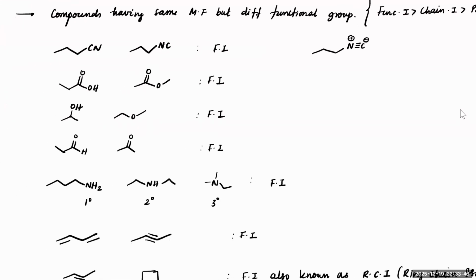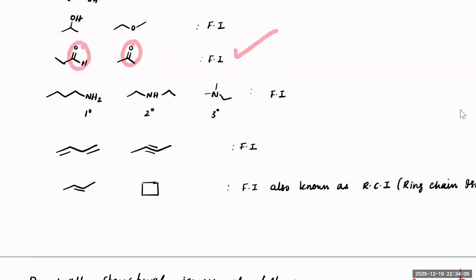Alright, check it out. This is cyanide, this is isocyanide, or this is nitrile, isonitrile. So that makes it functional isomers. This is carboxylic acid, this is ester, functional isomers. This is alcohol, ethers, functional isomers. Aldehyde, ketone, functional isomers.